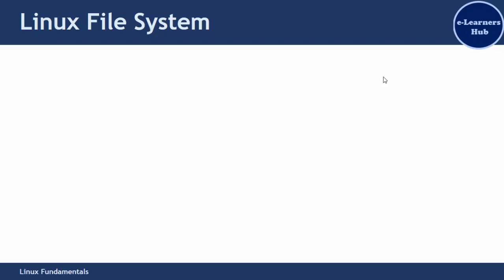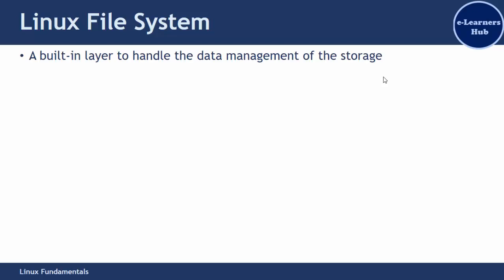As every operating system has a file system, Linux has got its own file system. File system is basically the way the files get stored on the storage devices. It's a layer that handles the storage of data on the storage devices.